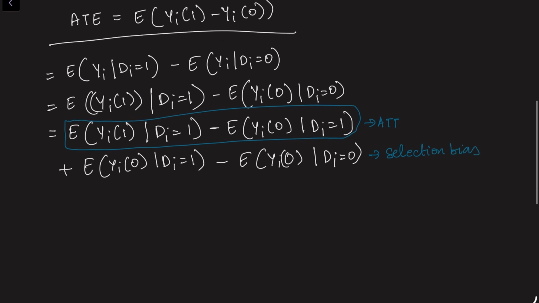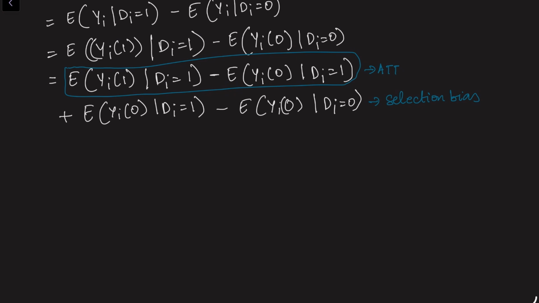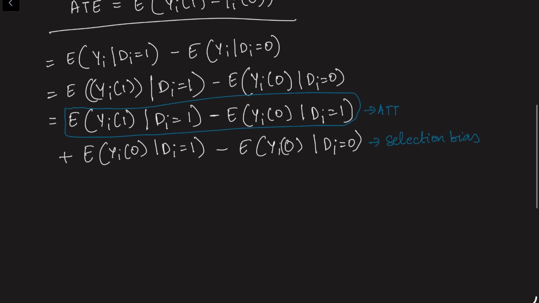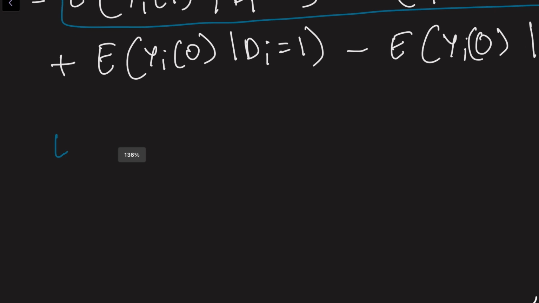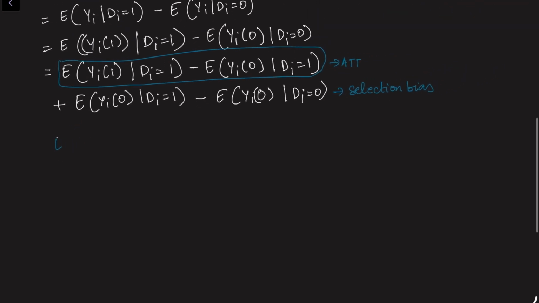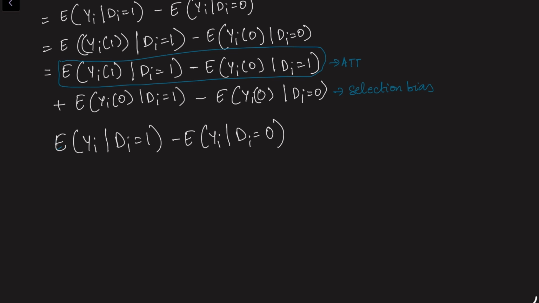Okay, so what we need is the ATT, and what we can observe is this. The way I'll write this is the expectation of the differences between our observed variables can be written as a sum of ATT and selection bias.